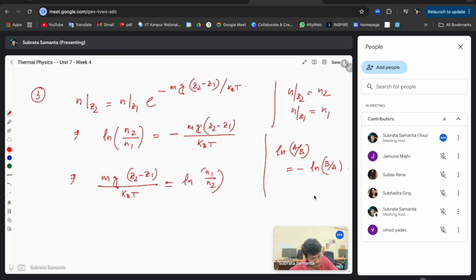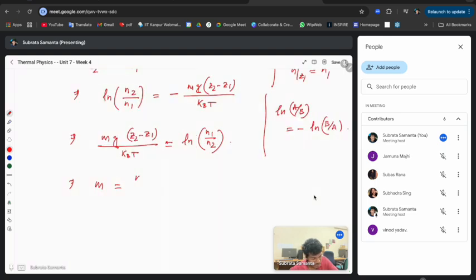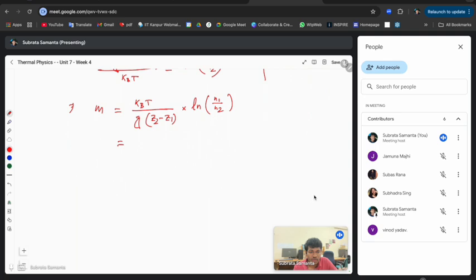So m equals kBT over g times (z2 minus z1) times ln(n1/n2). So we plug in these values. What is the value of kB in SI units?